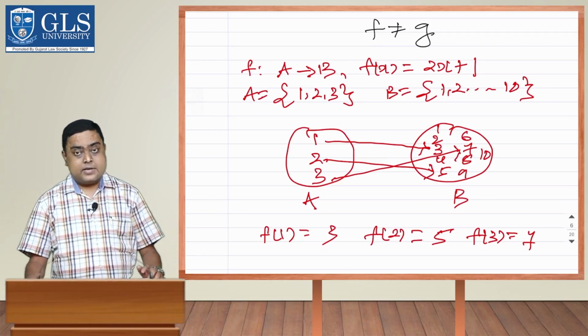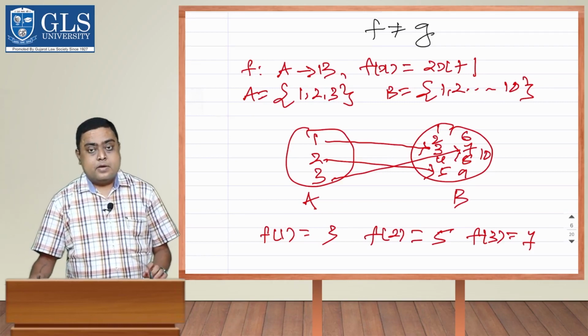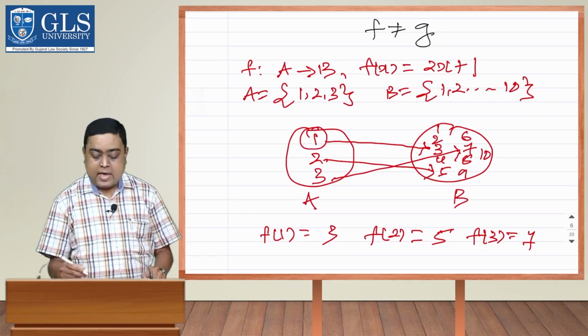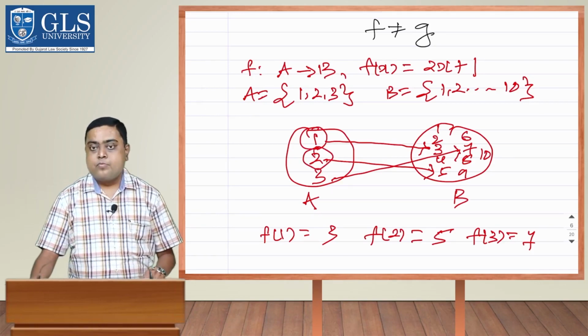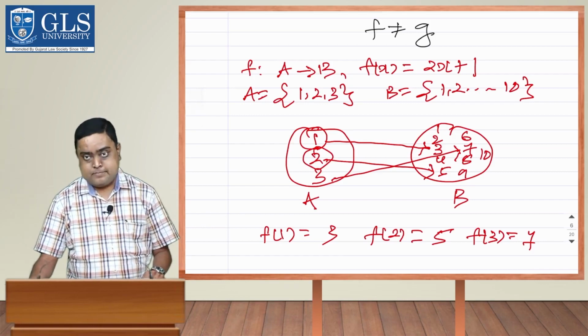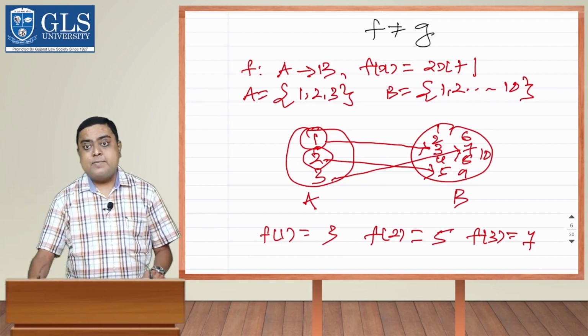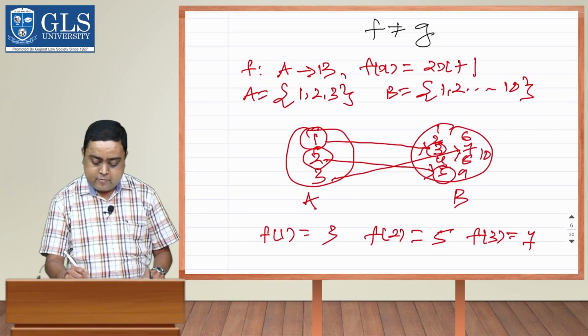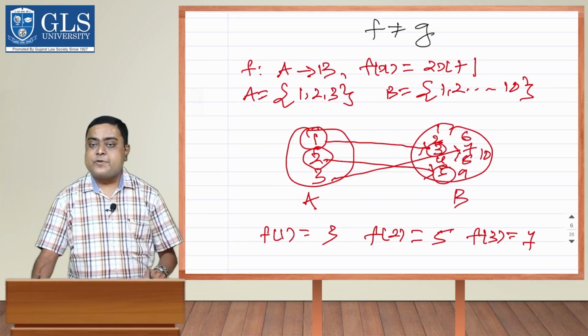So friends, here you see that the values of x are different. I say x is equal to 1 and x is equal to 2. Both these values of x are different. And look at their images. Their images are 3 and 5, which are also different.